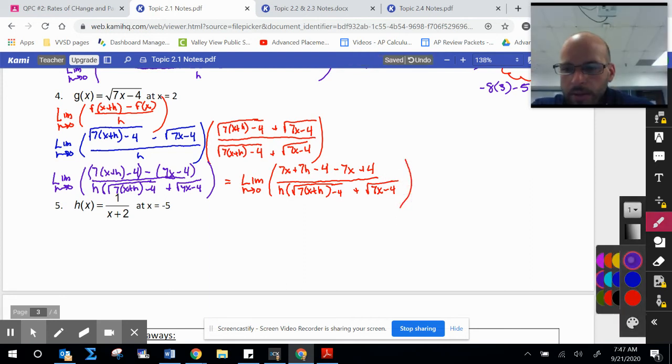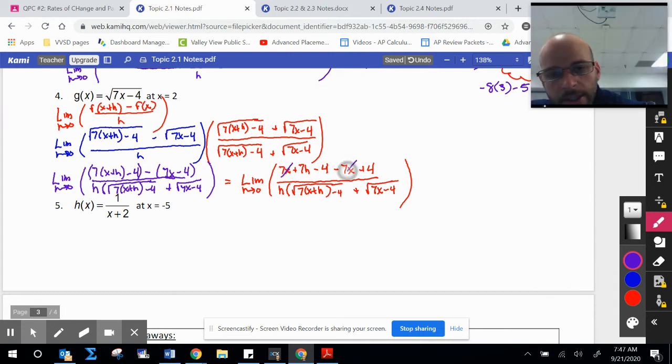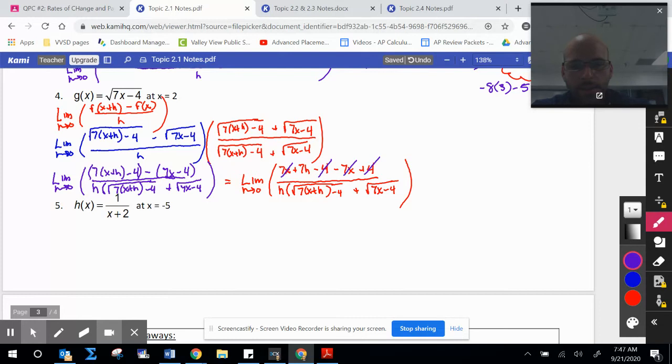And the fun part, the 7x and 7x cancel, the negative 4 and the positive 4 cancel.